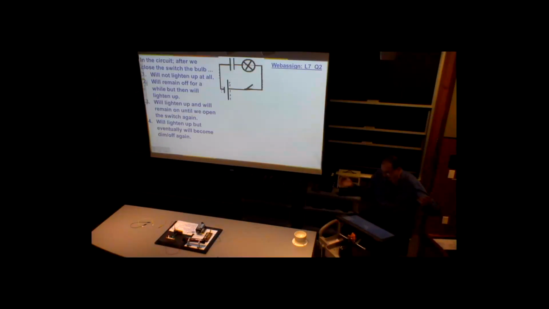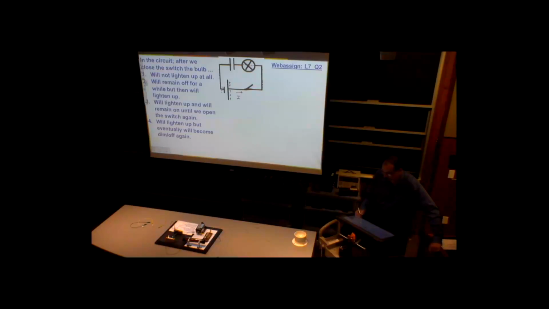Well, battery is acting like a pump, so it starts moving electrons. So electric current would be like this. If there is electric current, the bulb should light up. The question is, for how long?